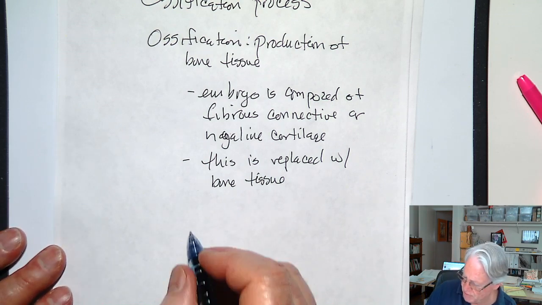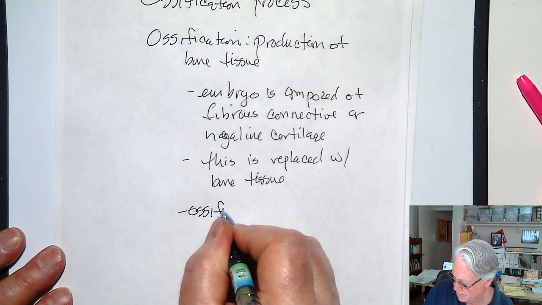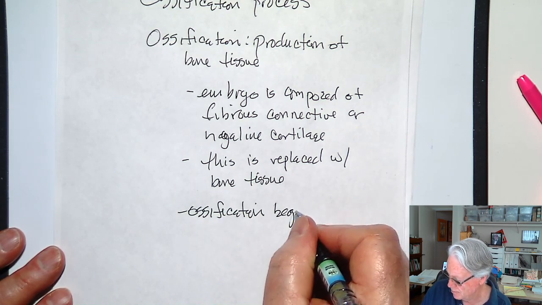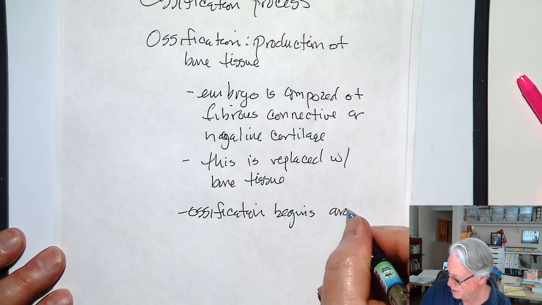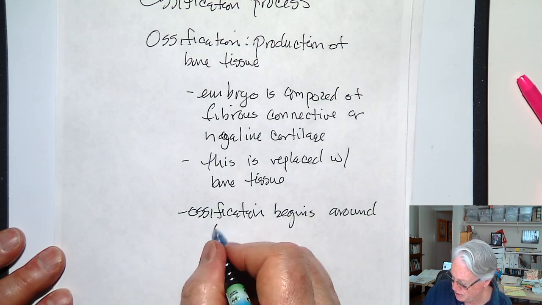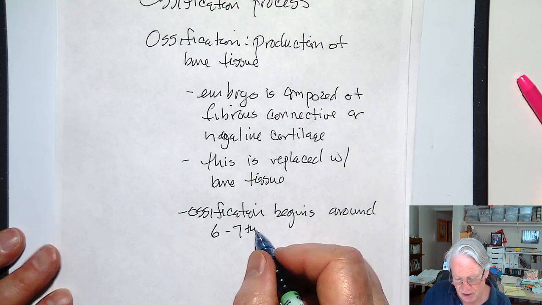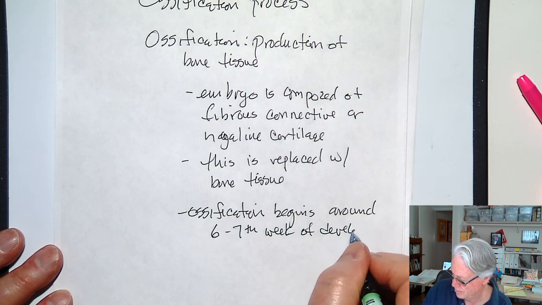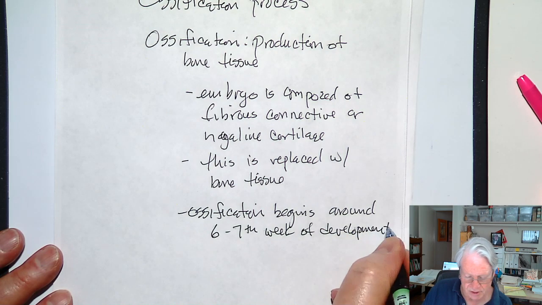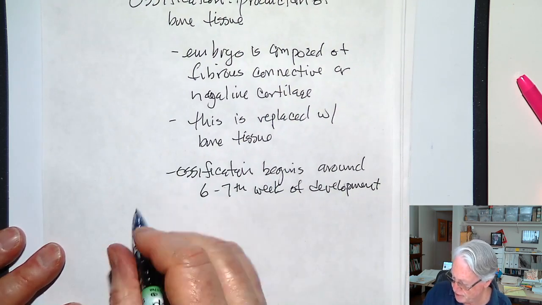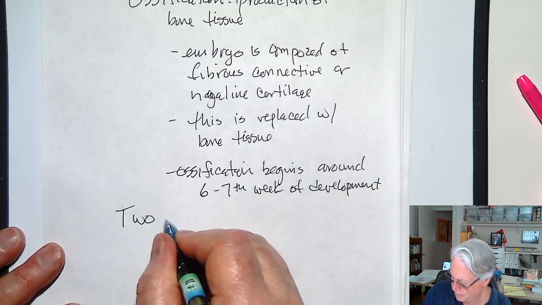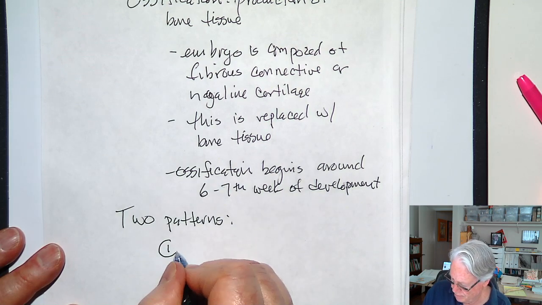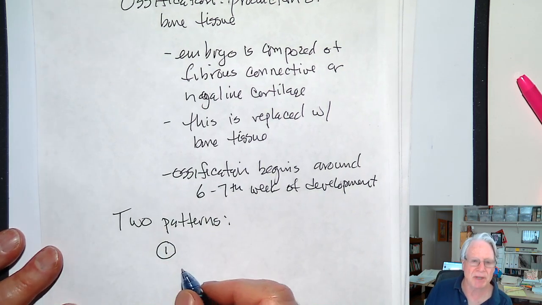So ossification generally begins around the 6th to 7th week of development. Okay. And there are two patterns. One is intramembranous ossification.